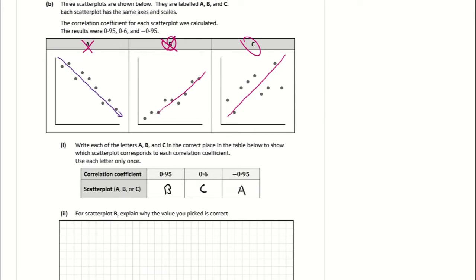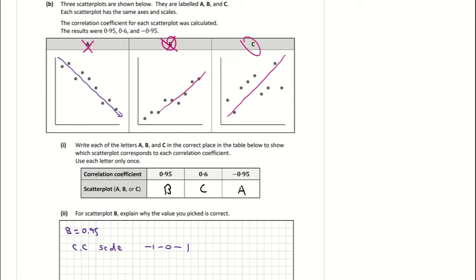Part 2, for scatter plot B, explain why the value you picked is correct. So I picked C, isn't it? Or no, sorry, I picked B as 0.95. Remember your correlation coefficient scale, I'm just going shorthand there, must always be between -1 to 0 to +1.